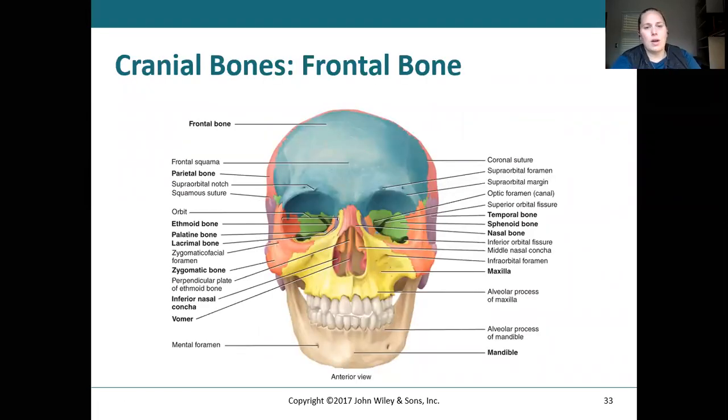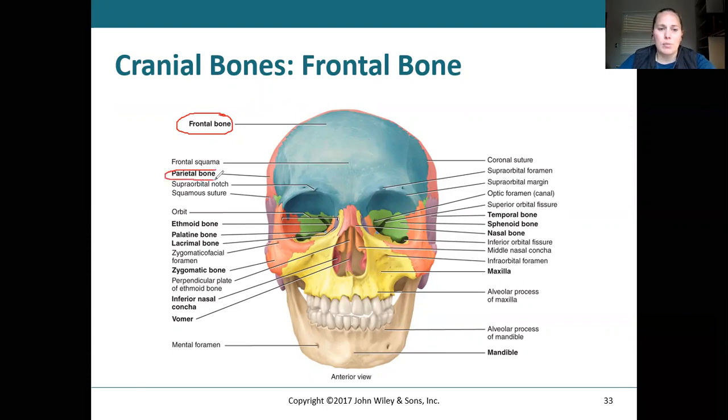Okay, so when we look at the anatomical arrangement of the bones of the skull, here you can see probably one of the largest and most apparent bones, easiest to memorize, this frontal bone. So that bone that makes up your forehead. To the side of your head, you'll have your parietal bone.